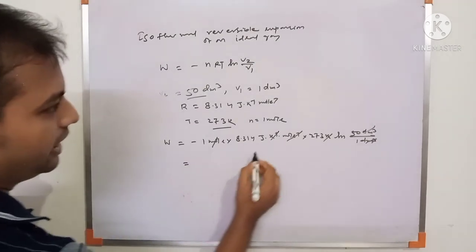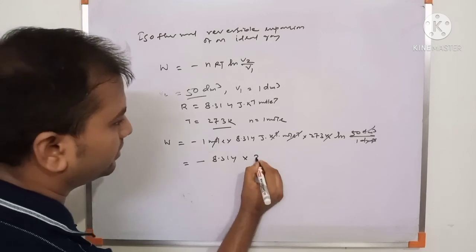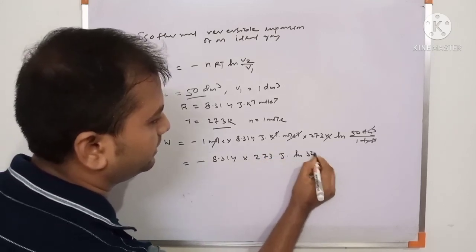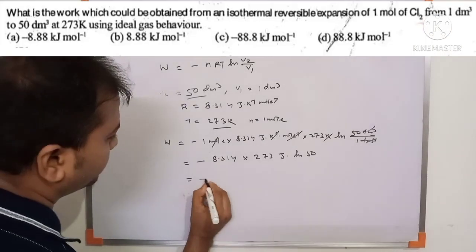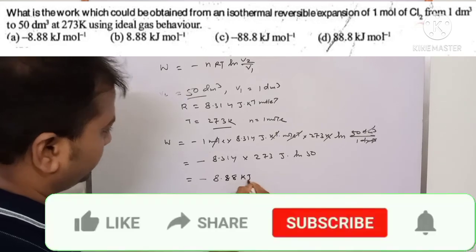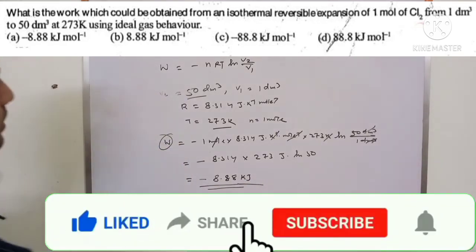So after calculation, this value is minus 8.314 into 273 joule ln 50. So option A, this is minus 8.88 kilojoule. So work equal to minus 8.88 kilojoule is the answer.